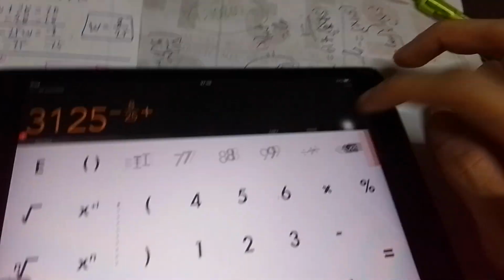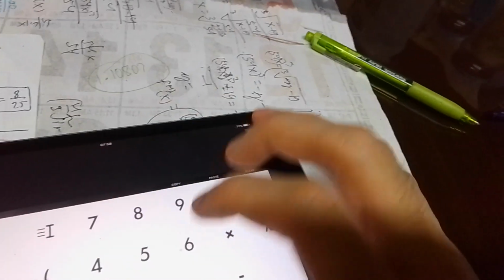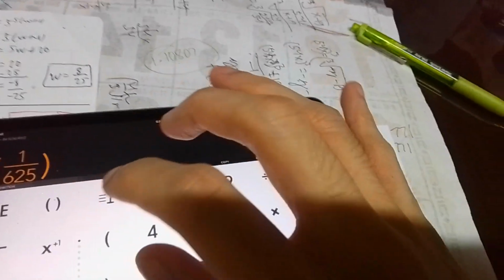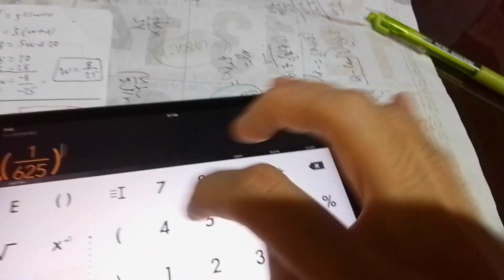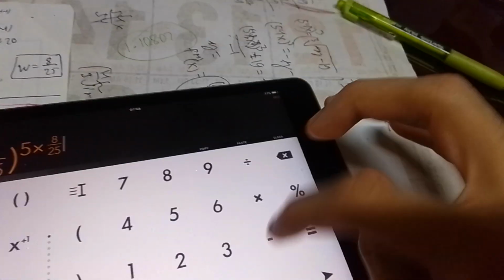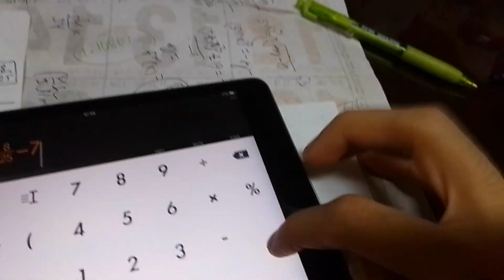You know why? Let me show you again. Remember we have 1 over 625 raised to the 5 times 8 over 25. Remember the 5's cancel? Minus 7. And we should get 1.25 something. That's supposed to be the right answer: 1.25246.